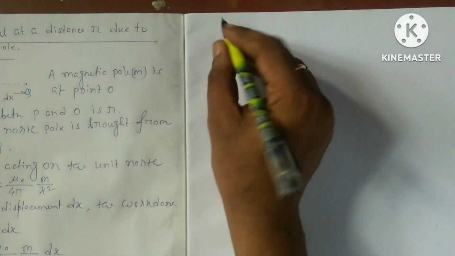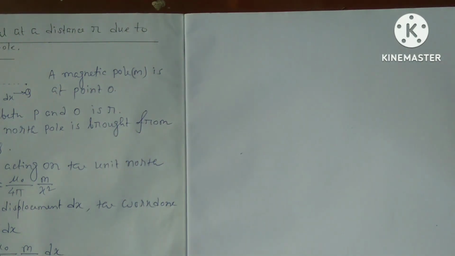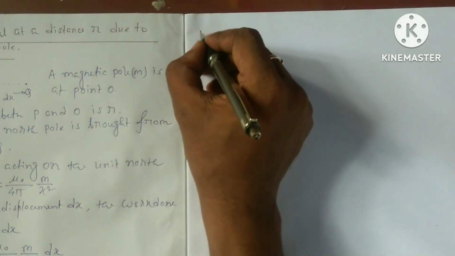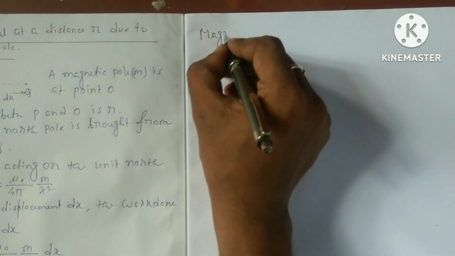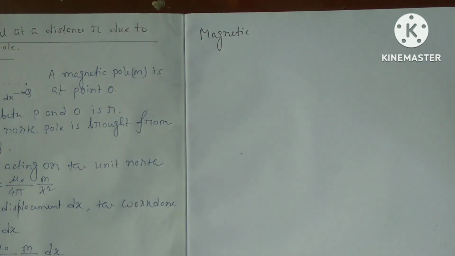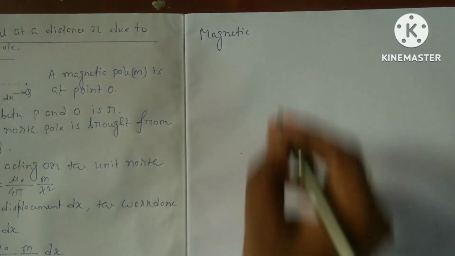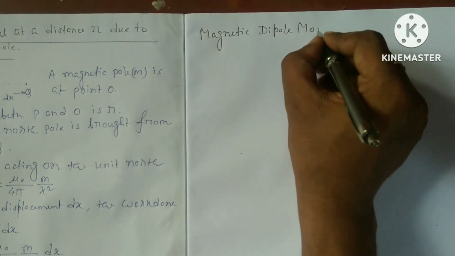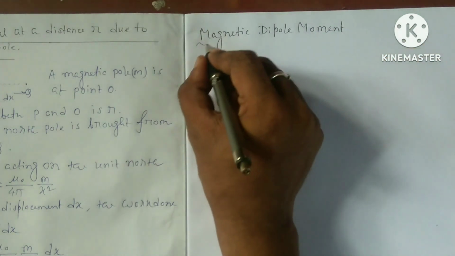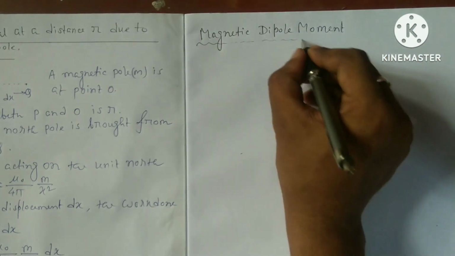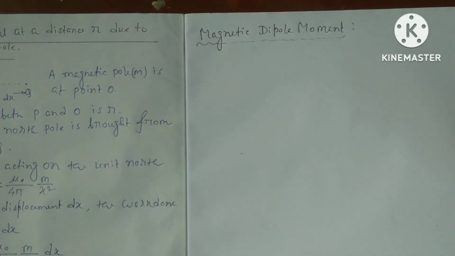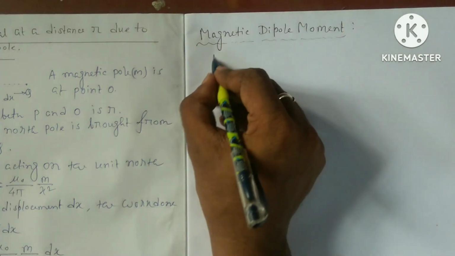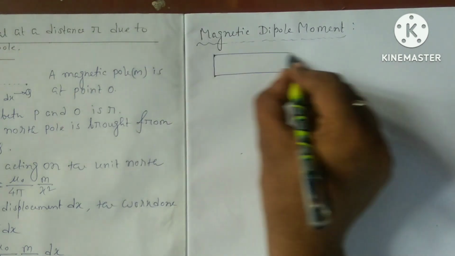is magnetic dipole moment. So magnetic dipole moment, we draw a diagram.